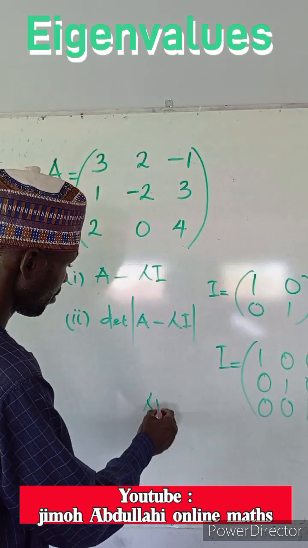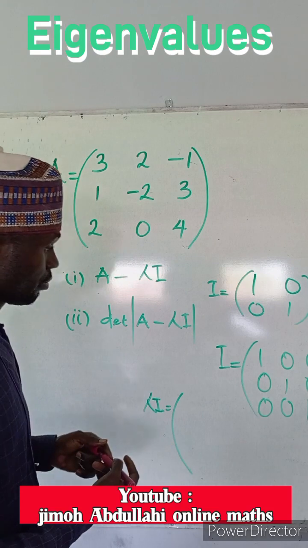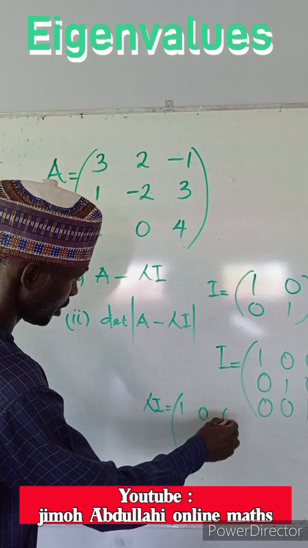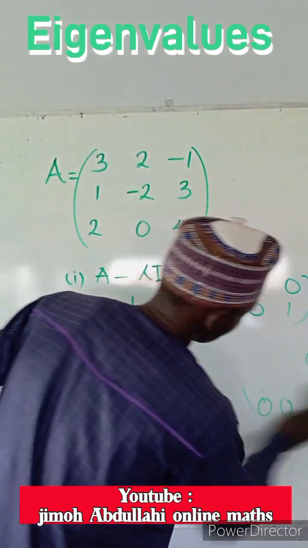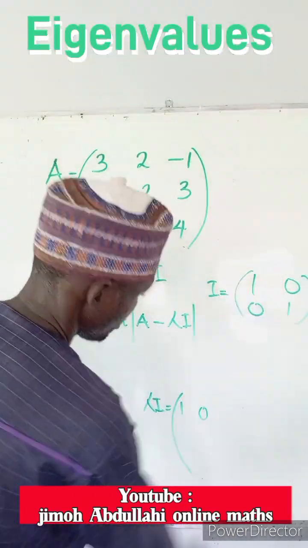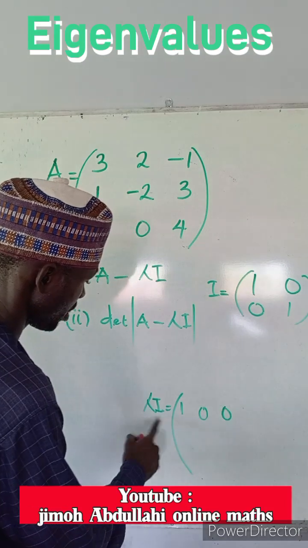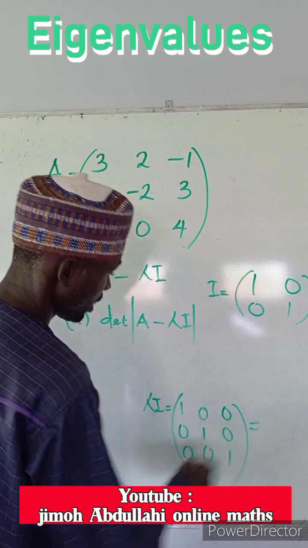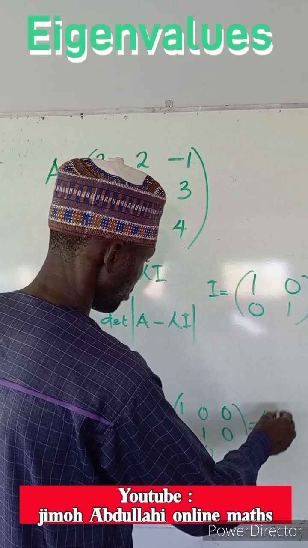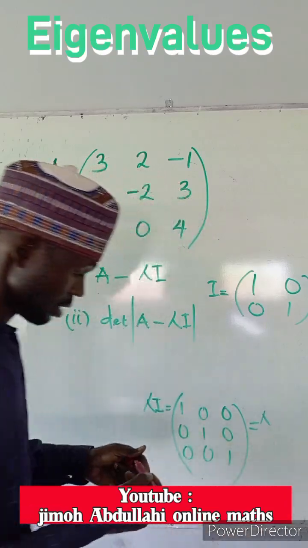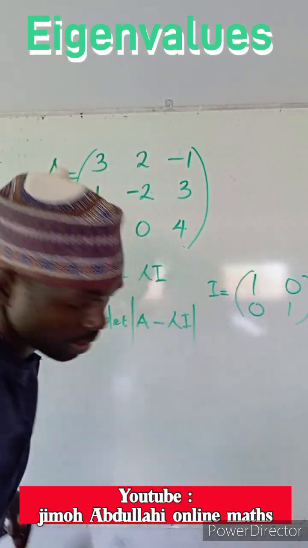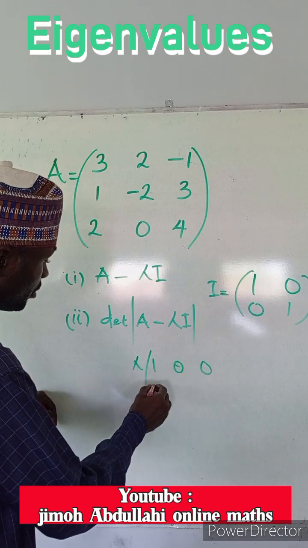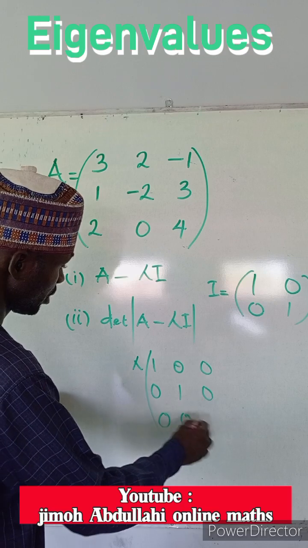So lambda multiplied by the unit matrix will be equal to lambda multiplied by 1, 0, 0, 0, 1, 0, 0, 0, 1.